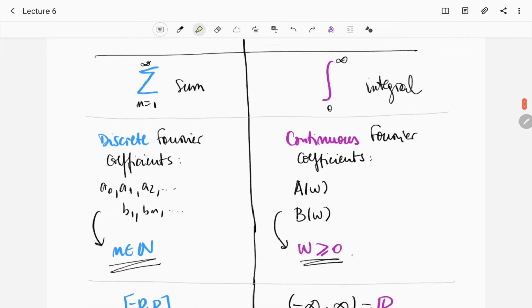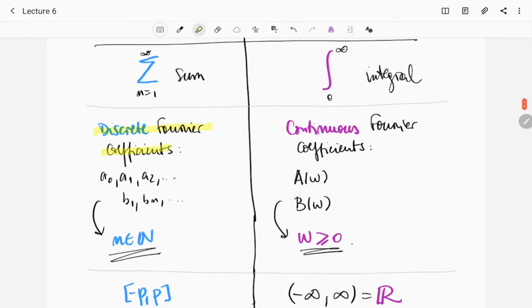So that's what I just said, the discrete Fourier coefficients, because we have these a0, a1, a2. So a0 was the guy just isolated, that number floating around. And then a1, a2, and so on were the guys next to the cosine functions, and b1, b2, and etc. were the guys next to the sine functions. And here we have continuous Fourier coefficients. We only have these two guys.